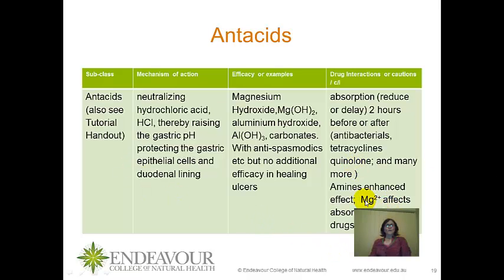Also, because magnesium, Mg2+, binds to certain drugs, it will affect their absorption. We'll see this also with iron when taken as an oral medication, because of its Fe2+ nature.